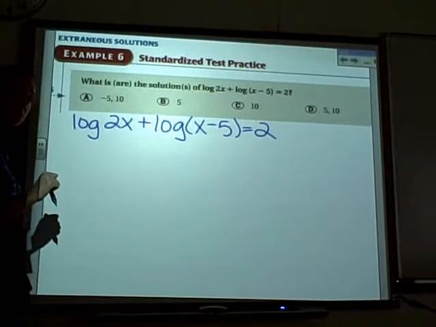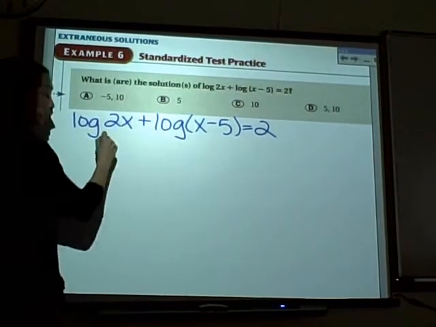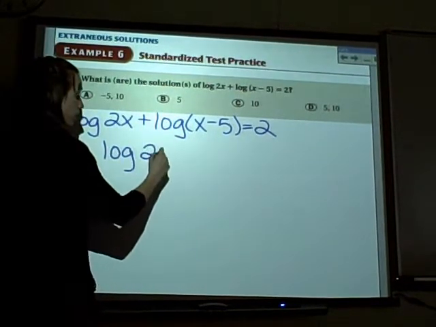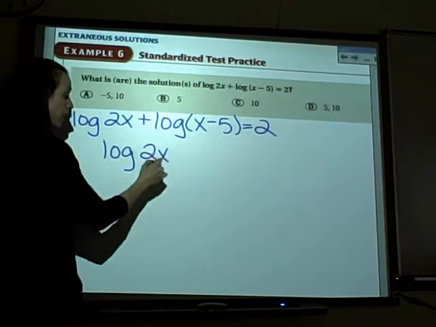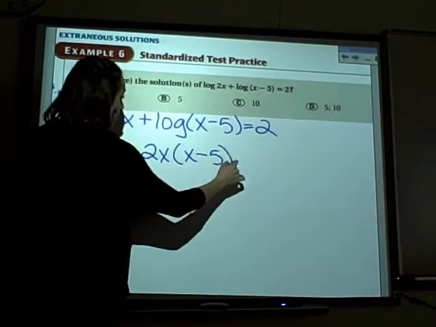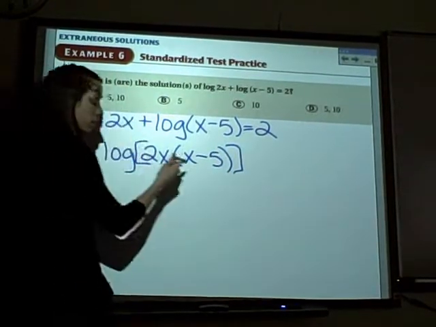A lot of what you guys were doing today, though, is you were writing 2 logs. We only want 1 here. You're just going to change it into 1 logarithm problem. Instead of log of 2x plus that, you're going to go log of 2x times x minus 5. And we're just going to put brackets around it, just because we want that together.